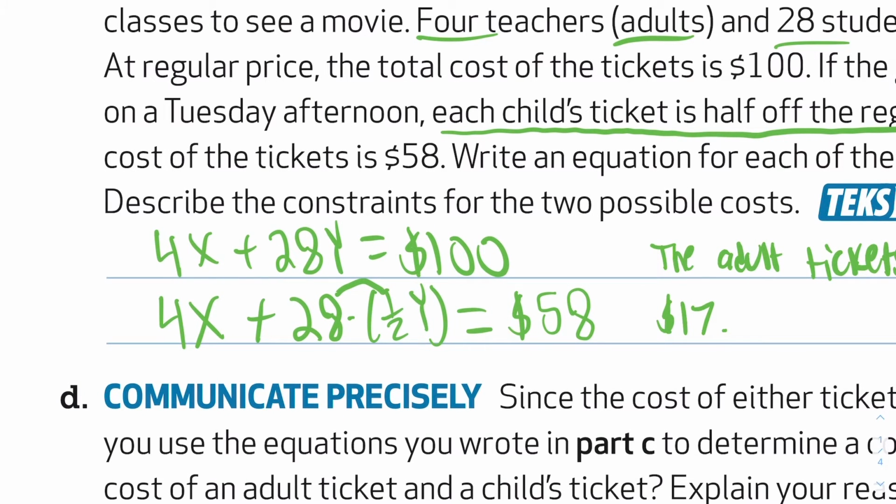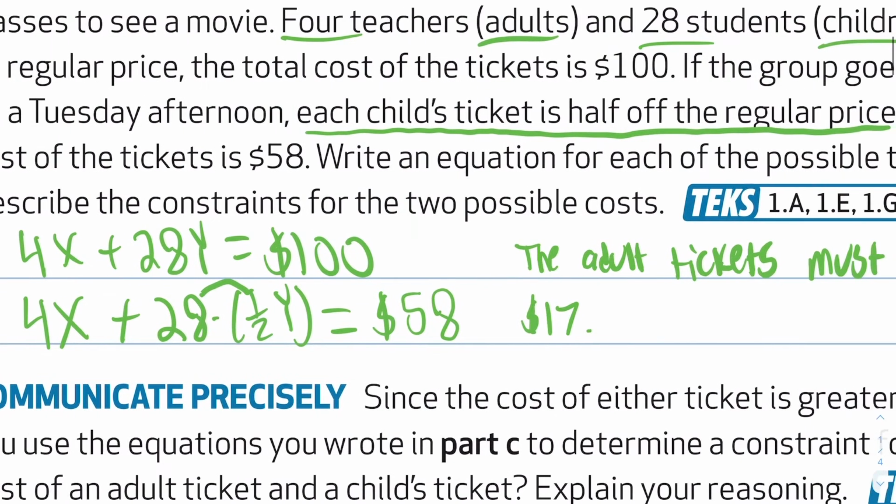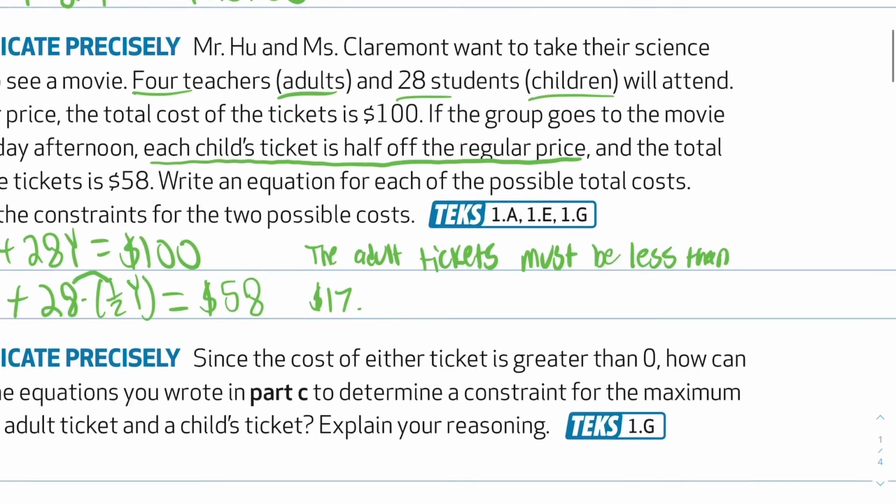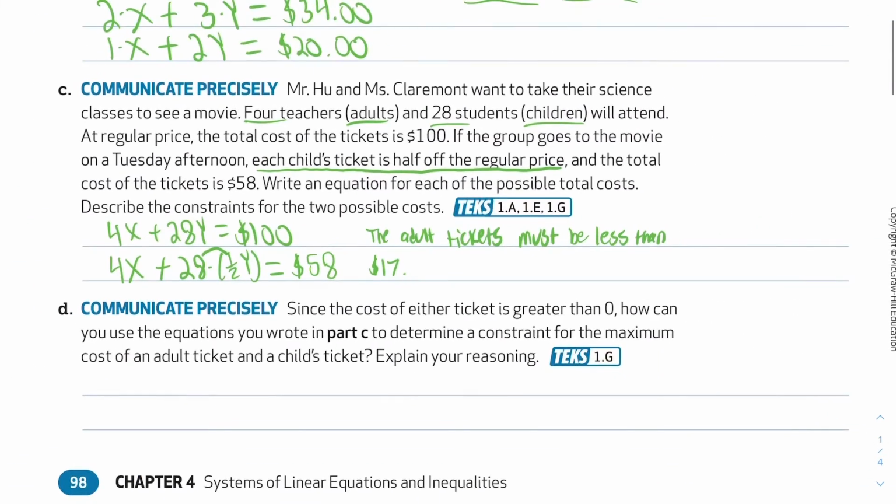Because if we put 17 right here in the second equation, 4 times $17, 4 times 17 is like 60 something, 70 something, which is more than this 58 here. So it has to be true. We are restricted by that adult tickets must be less than $17 in their cost.